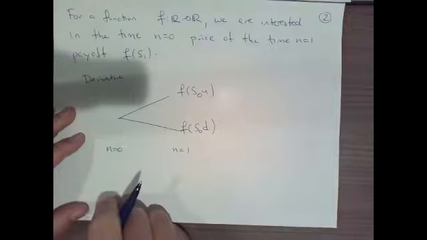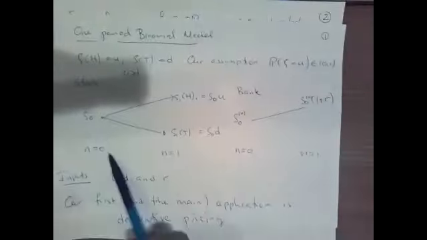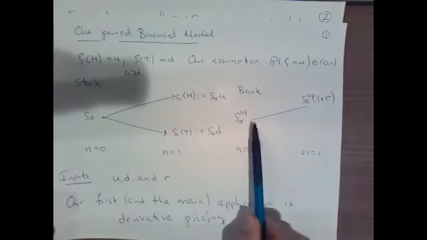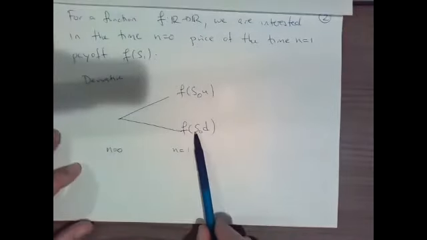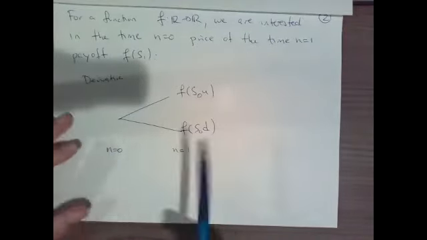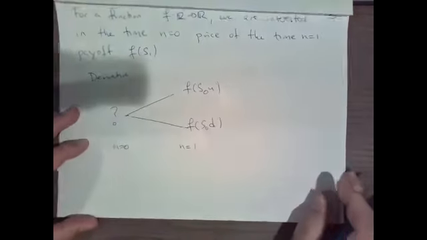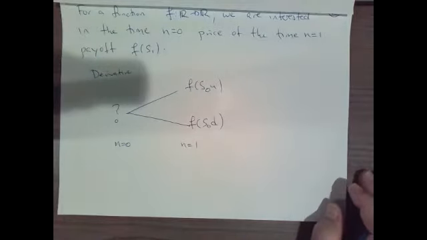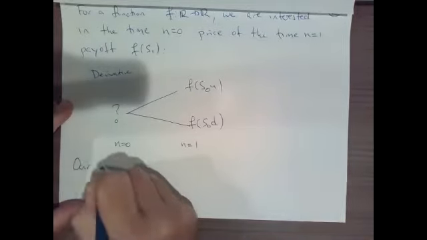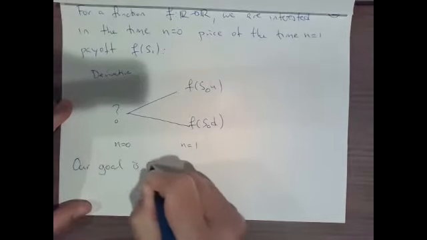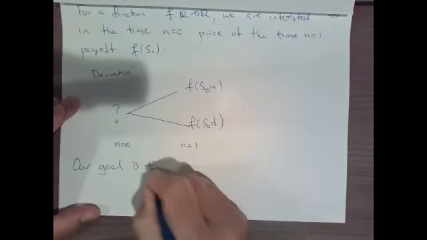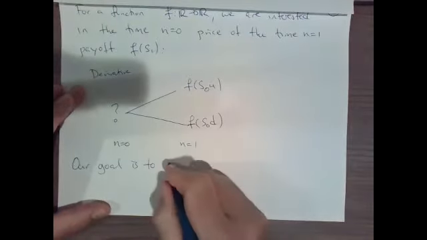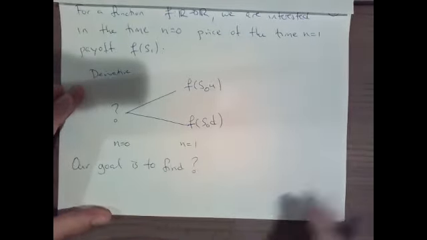What we're interested in now is to complete the tree. Completing the tree means we need to figure out what we put here in the beginning. We know what we're putting at the end, since f is a given function. So we need to figure out what we want to put here, and that's what derivative pricing is. So our goal is to find this question mark.